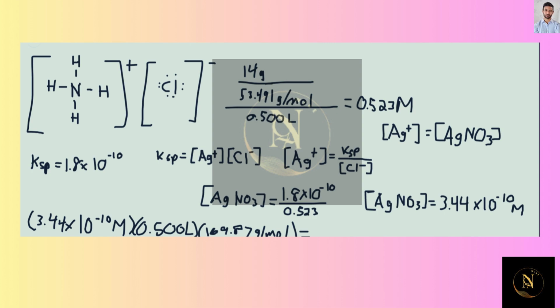So that's going to be equal to 2.92 times 10 to the negative 8 grams. So we would need an extremely small amount of silver to actually precipitate all of the chloride as silver chloride.